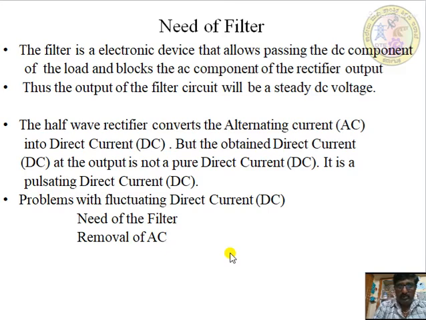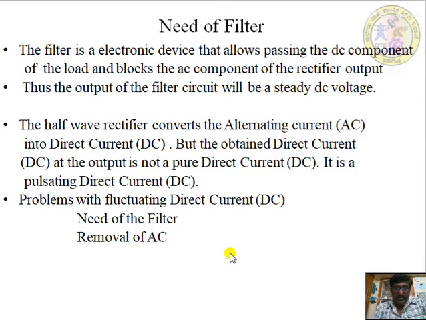Thus, the output of the filter circuit will be a steady DC voltage. So we require the filter because it blocks the AC component by passing the DC component to the load, and we get a steady DC voltage.